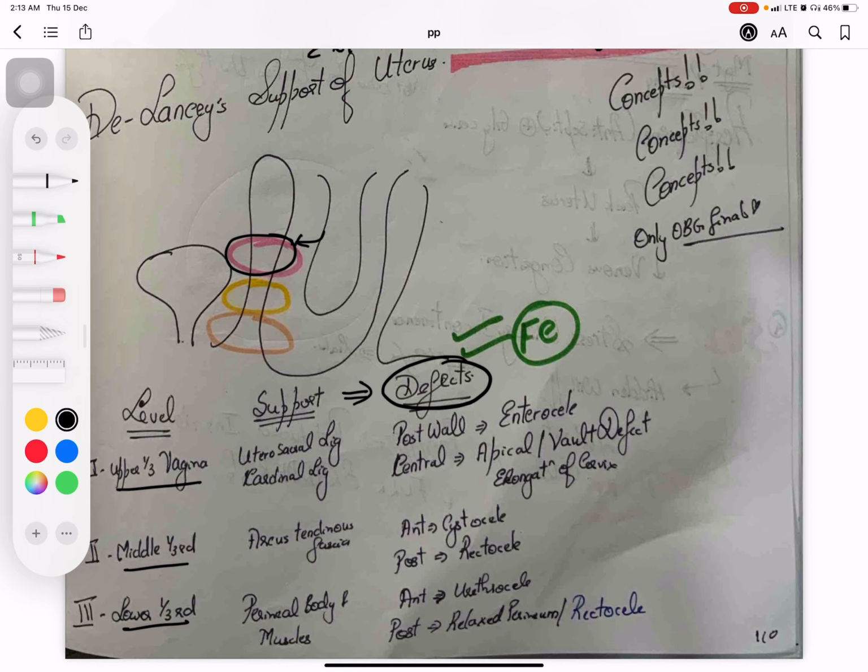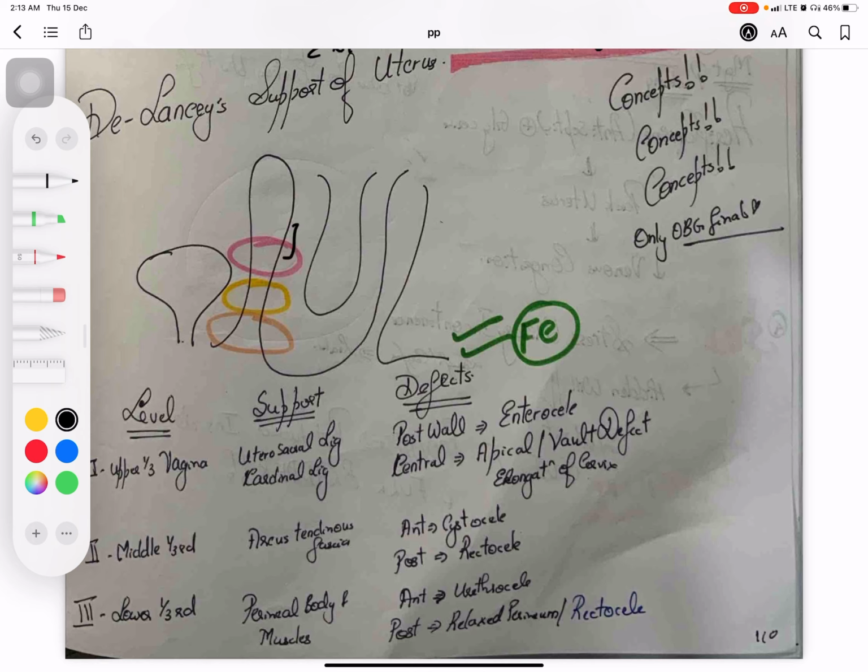In the middle one third again we have the cardinal ligament. This is a very important concept. Let's go back and see.